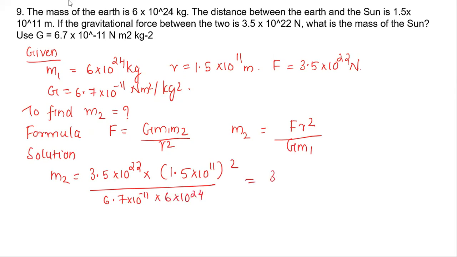That is equal to 3.5 into 1.5, that is 15. 15 square is 225. So 1.5 square is 2.25. Okay, into power of 10. Here 10 raised to 22 is there. Now 11, the whole square. That is 11 into 2, 22. So plus 22. Denominator. Okay, here minus 11 is there.